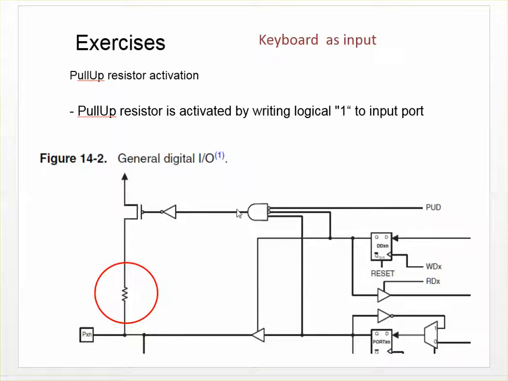Here's the idea of the pull-up resistor. This is the I/O pin, configured as an input pin, and here's the pull-up resistor. When we activate this FET switch, this side of the resistor has a +5 volt connection.